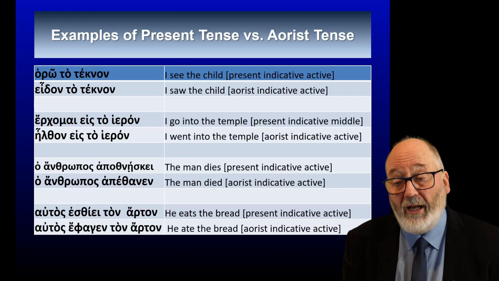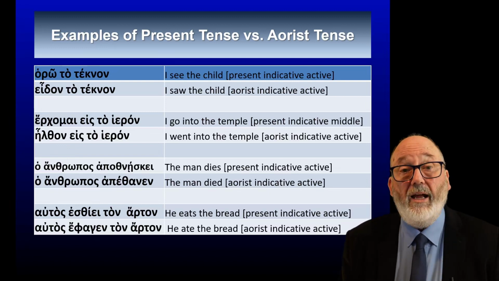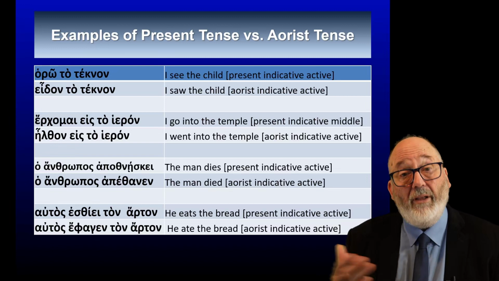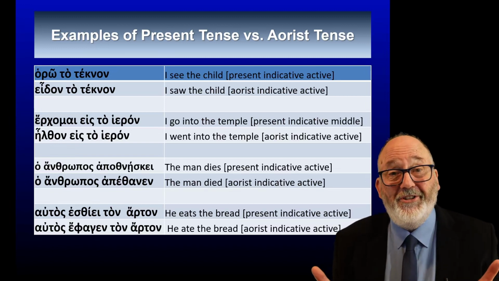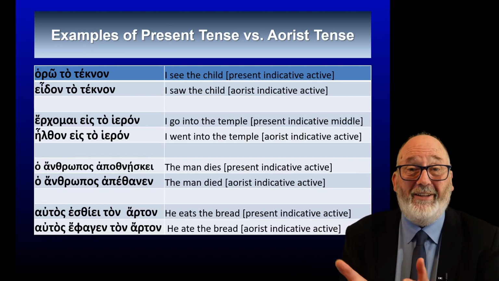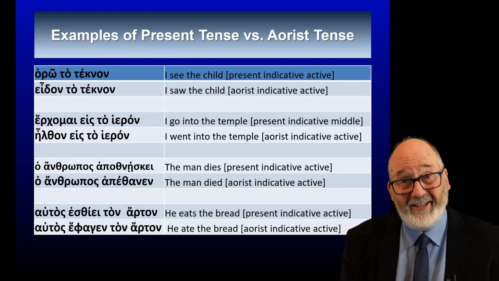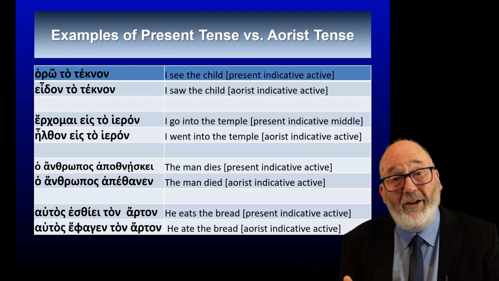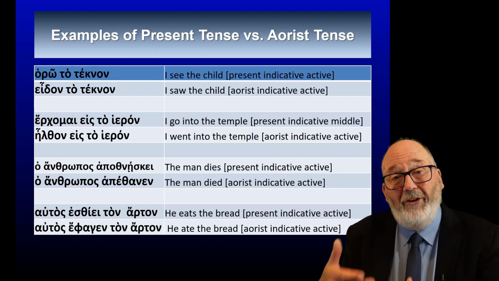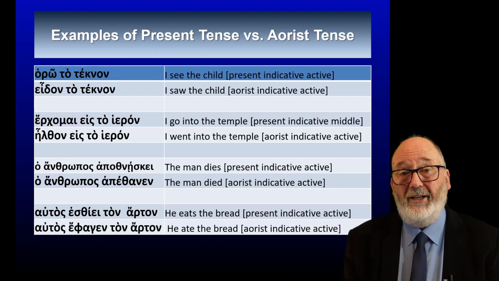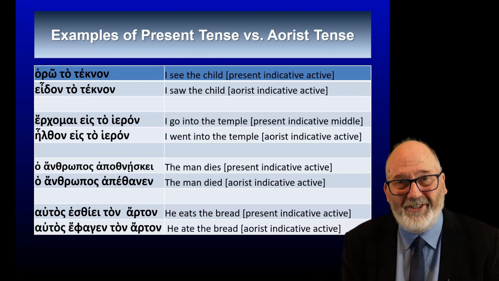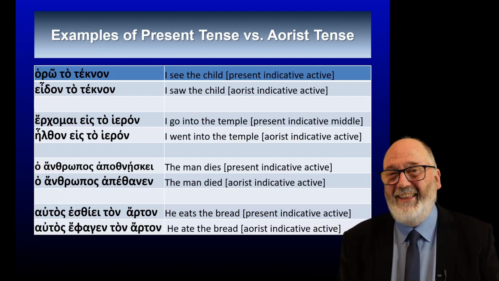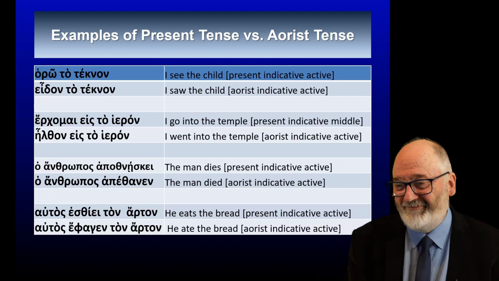And althon eis to hieron is I went into the temple. Go, went. What joins the two in English? Well, we just know that one is the past tense of the other. Just like, if you're a Greek speaker, you will know that erchomai has a past tense althon. Just does. Languages. Hey? They just do their own thing.